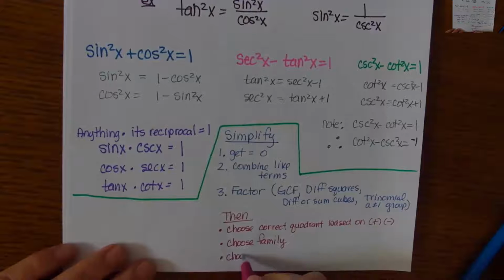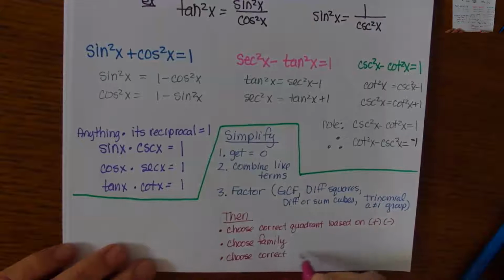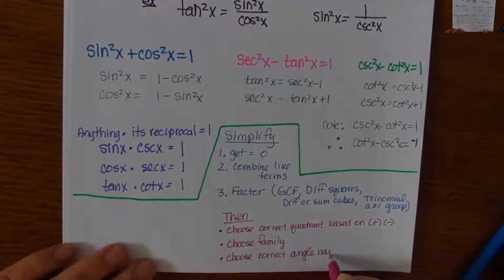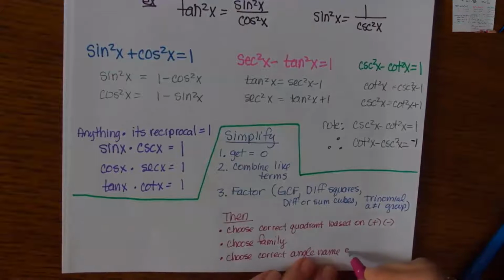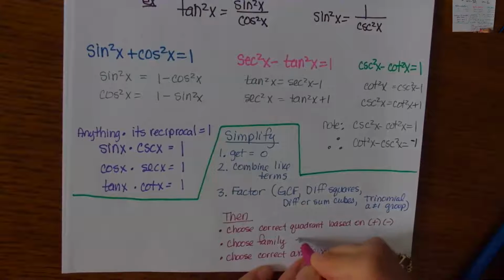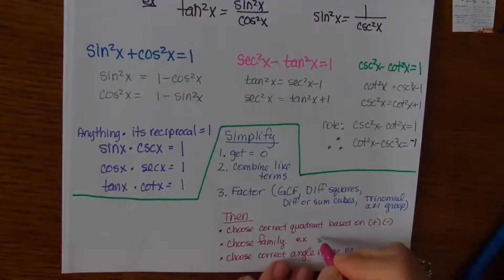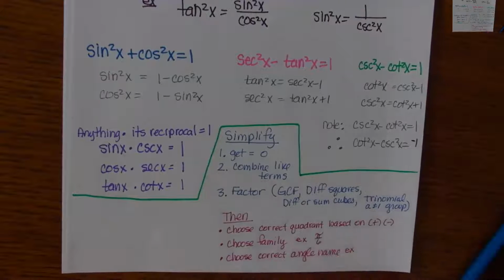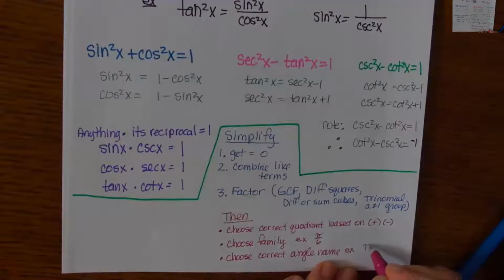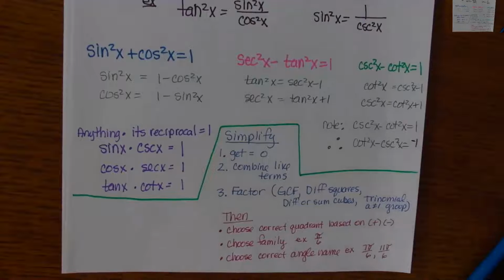So then we choose the correct angle. An example of choosing a family would be like pi over 6, right? And then an example of a correct angle might be 7 pi over 6 and 11 pi over 6, right? Those are just examples. So we choose the correct family, 30, 60, 45, 90.